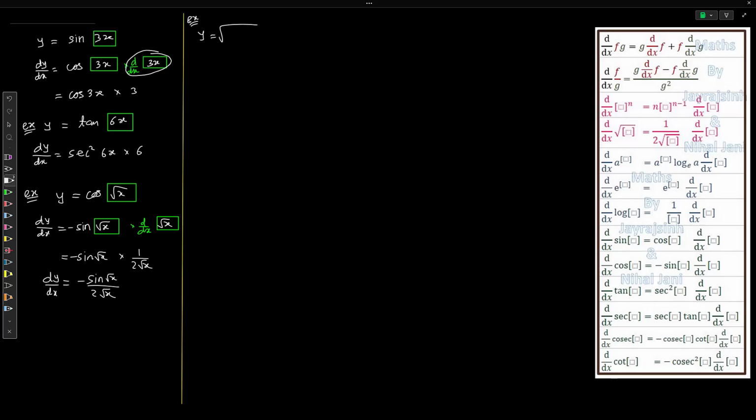Y is equal to root sec x. Which one is inner? Which one is outer function? Root is outer. Okay.